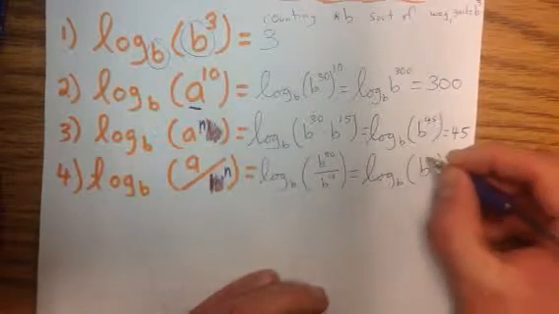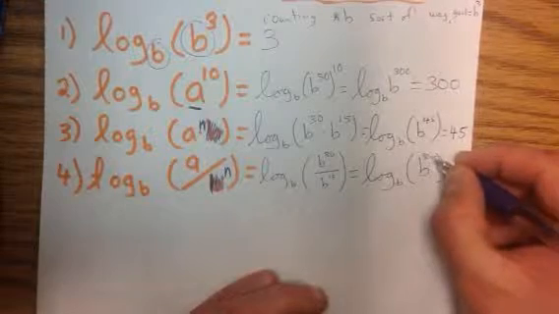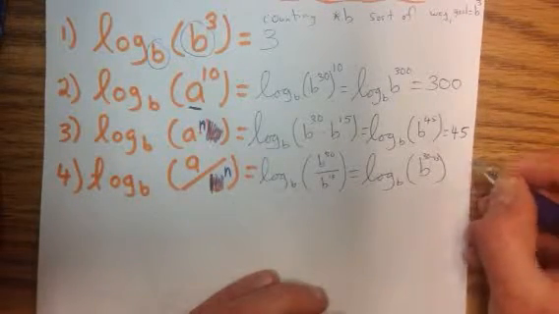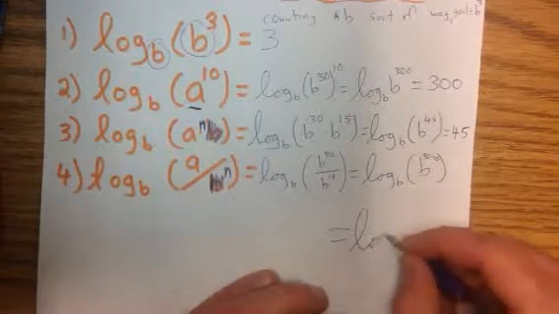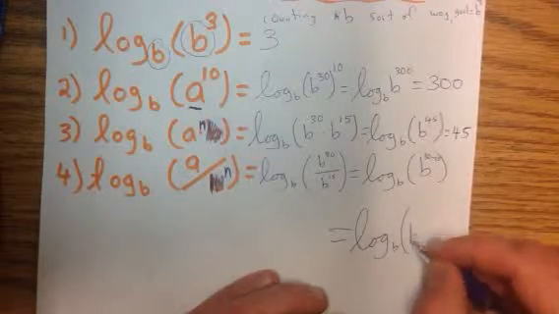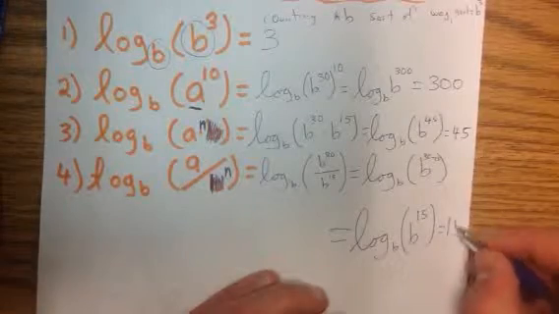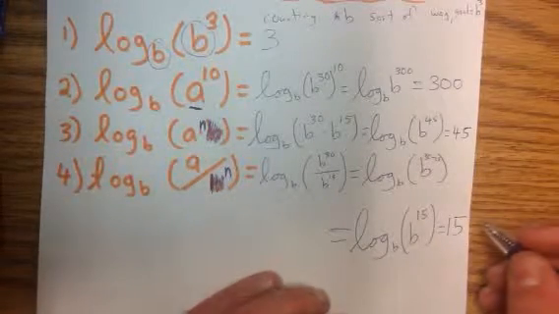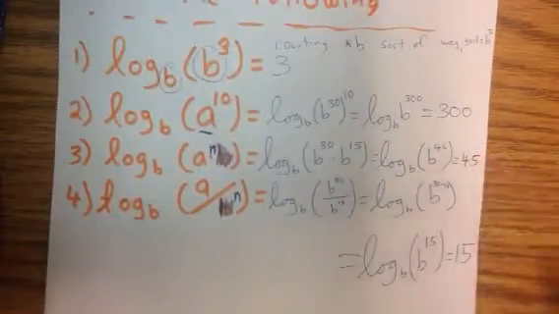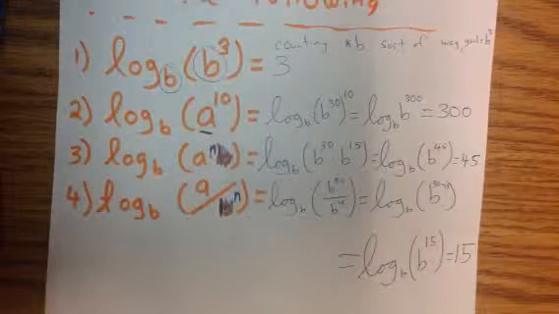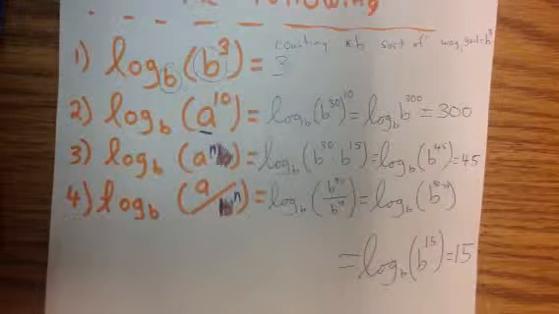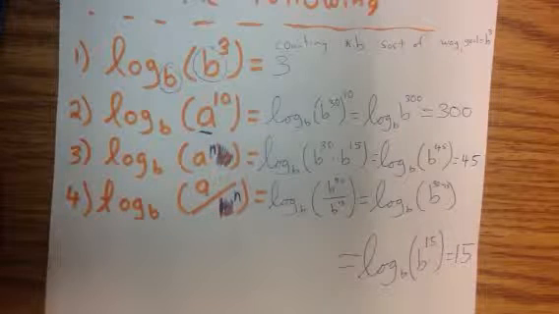So that's b to the 30th minus 15, which is log base b of b to the 15th power, which is a lovely 15. So notice I used no special rules here, just substitution and the definition of the logarithm.